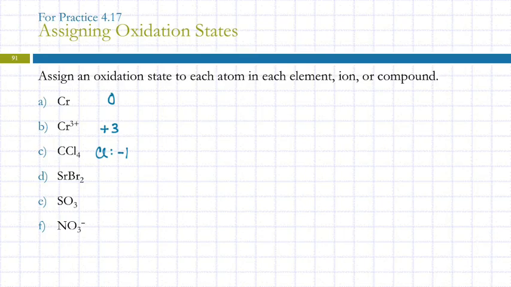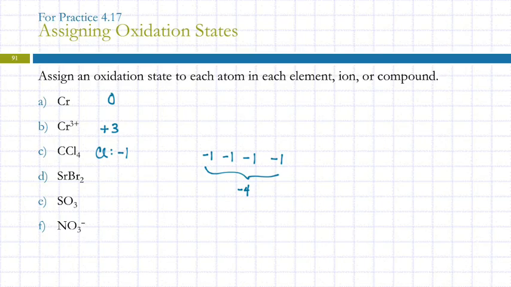Carbon has to be whatever is necessary so that all the oxidation states add up to the overall charge on this thing, which is 0. So I have 4 chlorines, right? There's a chlorine, there's a chlorine, there's a chlorine, there's a chlorine. They each have an oxidation state of -1. So together, that's -4.